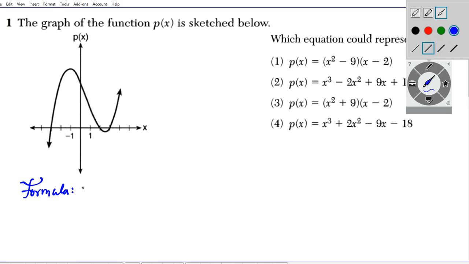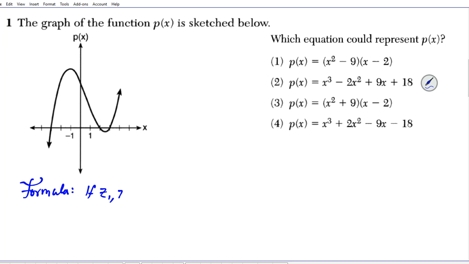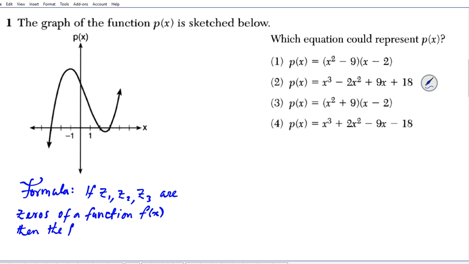So let's say if z1, z2, and z3 are zeros of a function. Let's say the function is f of x. Then the function can be written in a unique form.